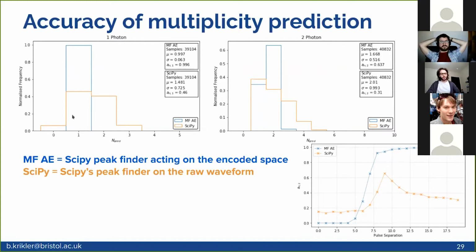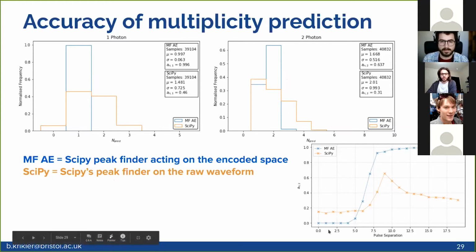And you can see here we've given a baseline model, which is just taking the SciPy peak finder, a standard method in the SciPy Python package, and just running this on the raw waveform. That's our baseline, and then we run that on the encoded space, this massively sparser space. This orange line is the raw waveform using that peak finder, and then the blue is the encoded space. So you can see how much better we're doing compared to this baseline.